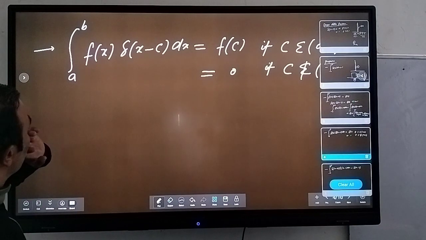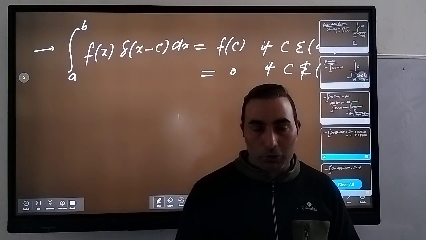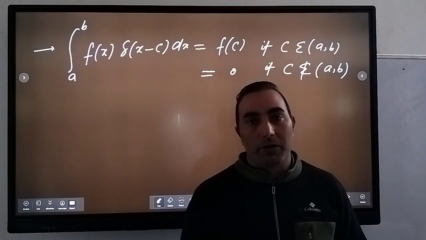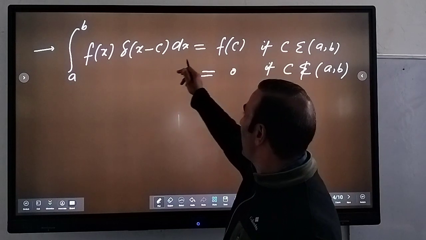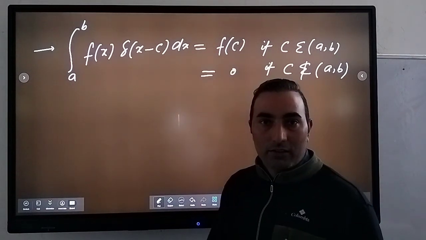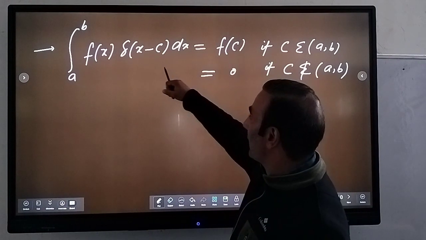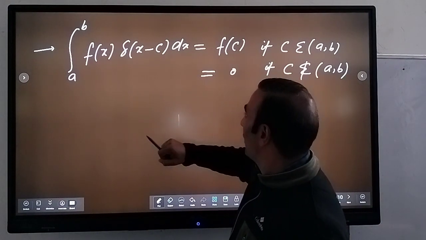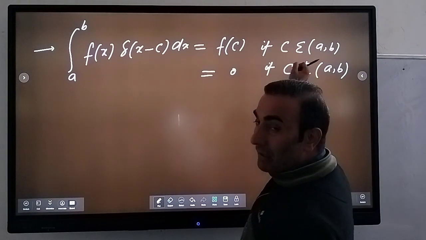The third property is that it's not necessary to take the limits from minus infinity to plus infinity. If you have limits from a to b, and you define the integral of f of x delta of x minus c dx, that is equal to f of c, but only if c belongs to the interval between a and b.